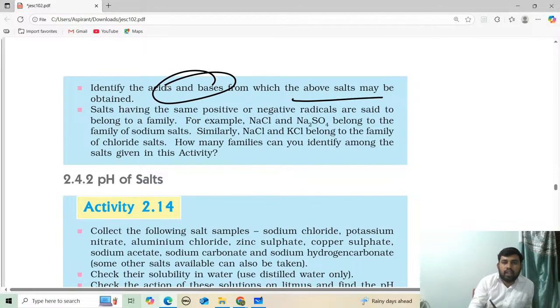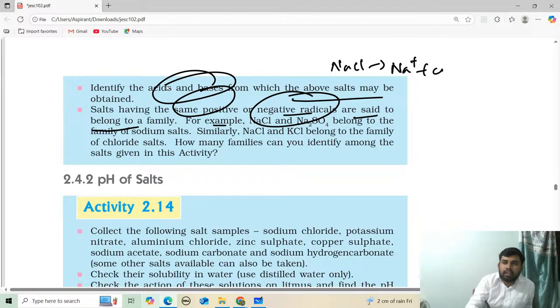Some positive and negative radicals are said to belong to a family. For example, NaCl. NaCl is made up of what, sir? We discussed already: Na plus ions and Cl minus ions. Similarly, they gave Na2SO4. We discussed already: Na plus ions and SO4 minus 2 ions.